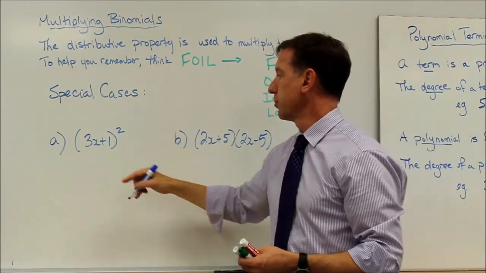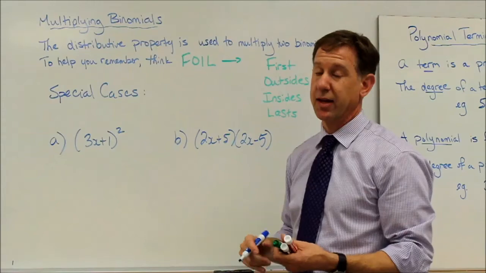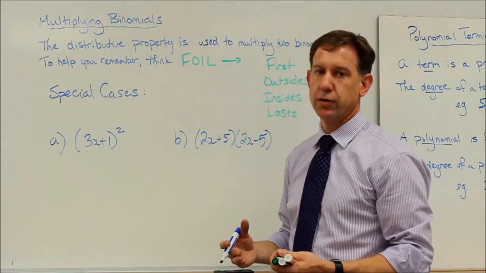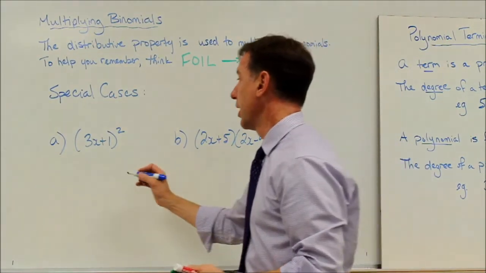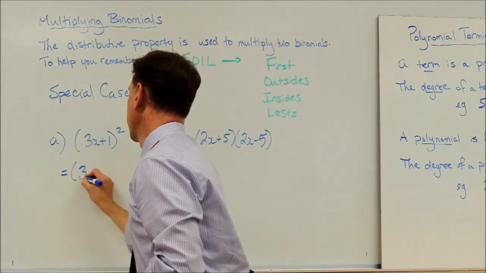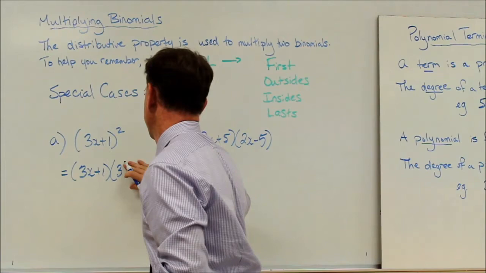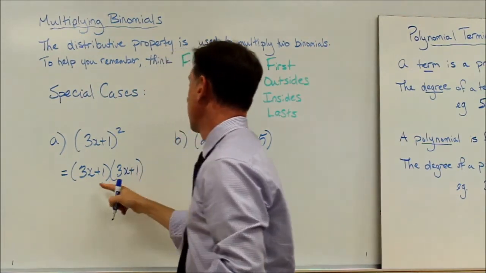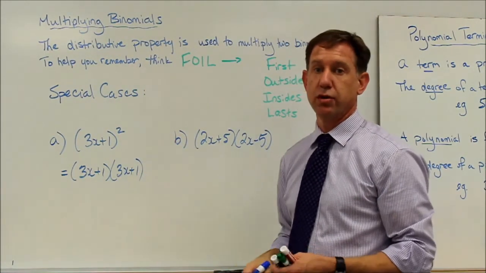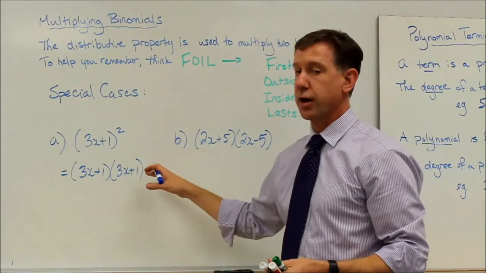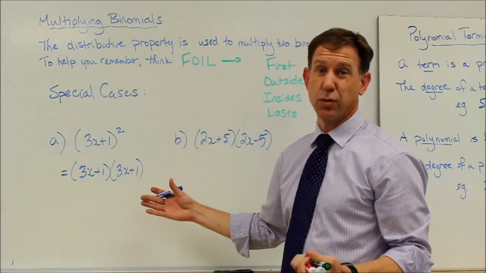So a binomial multiplied by itself, I think, again, there's more than one way of doing this. I think the safest way is to actually write out the bracket twice. So write out 3x plus 1 twice, and then just do the usual multiplying of the two brackets using FOIL. That's the safest way, I think.